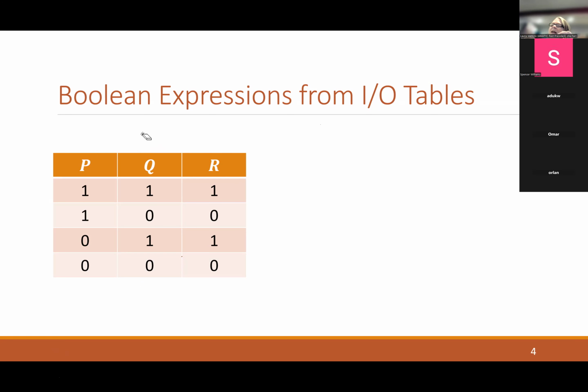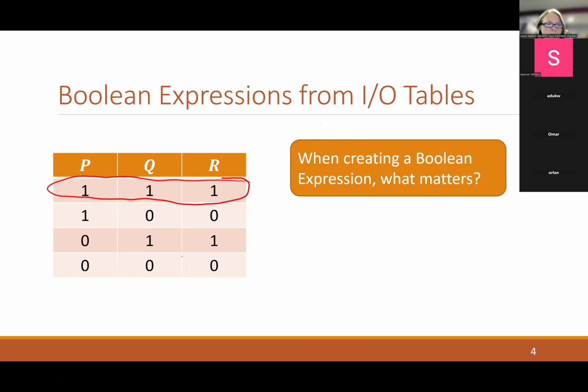It doesn't necessarily have to be an input or an output, but how might I create a Boolean expression from this table? I look at this row, and what else should I look at to create my Boolean expression? The other row that's true. Right.